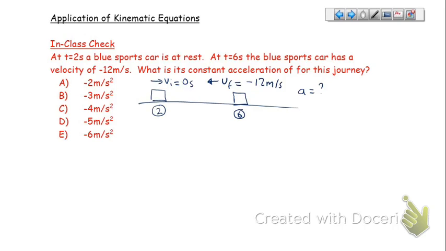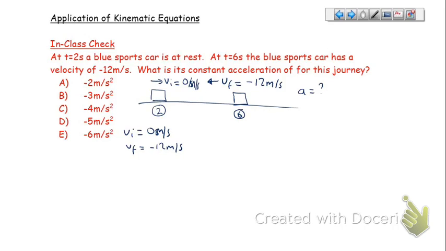So what I do now is I make a list. So I say VI is equal to 0 meters per second. And I say VF is equal to minus 12 meters per second.